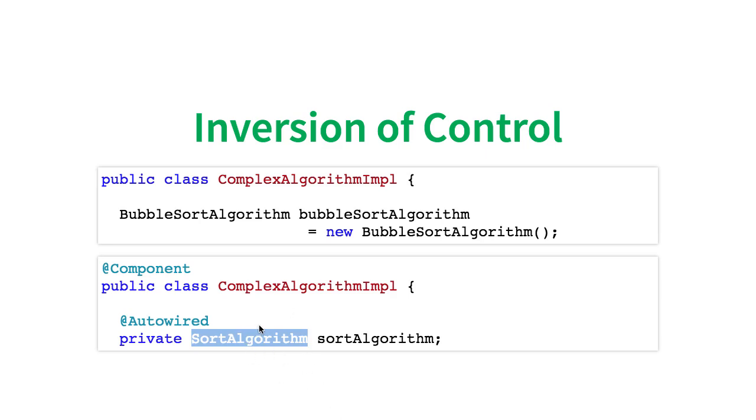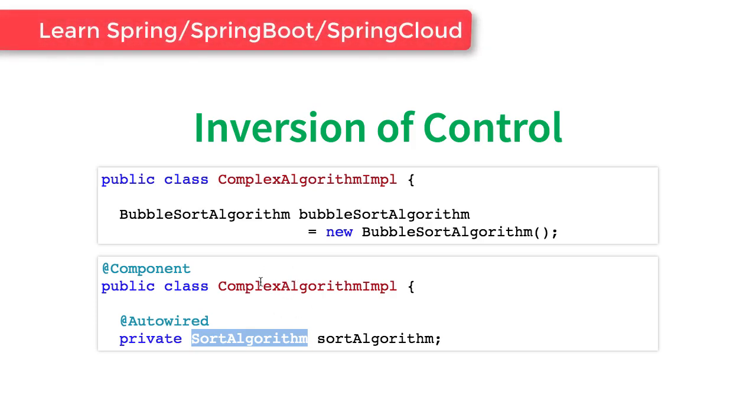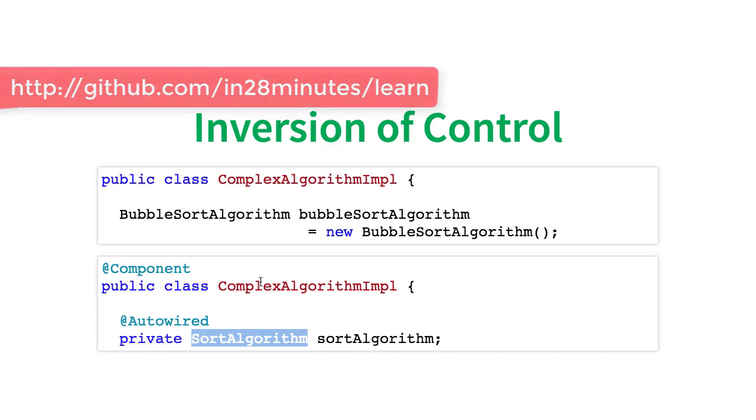It will find the sort algorithm implementation and it will automatically inject it into the complex algorithm bean. So Spring takes care of creating your beans and injecting in your dependencies, and that's why Spring is called an inversion of control or a dependency injection framework. The part of the Spring framework which does this is the bean factory.